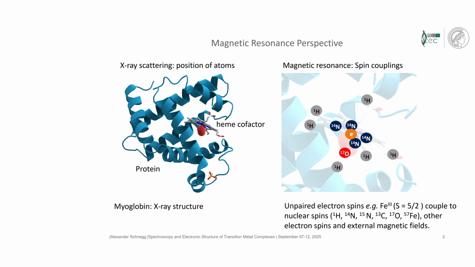Shown here is, maybe you see this in the background, again the heme cofactor of this myoglobin, and the information which we are exploiting in magnetic resonance are interactions between nuclear spins, for example here protons, 14N, 17O, with each other, with an external magnetic field, and with electron spins from unpaired states in our sample.